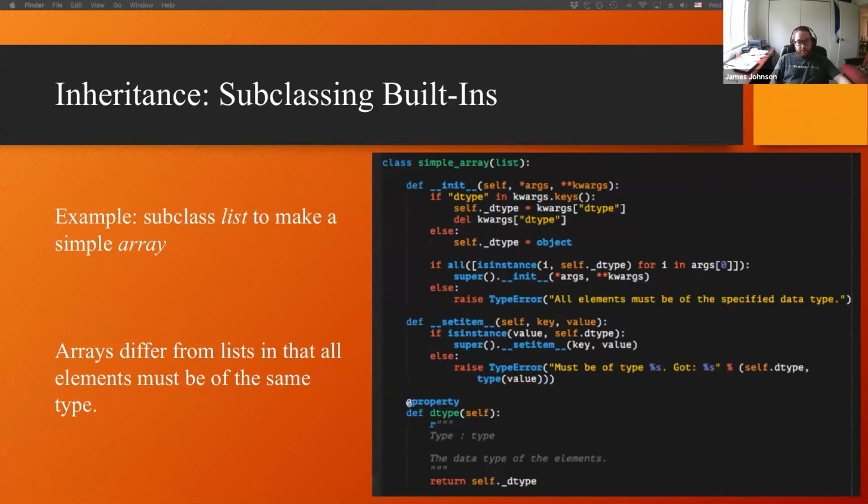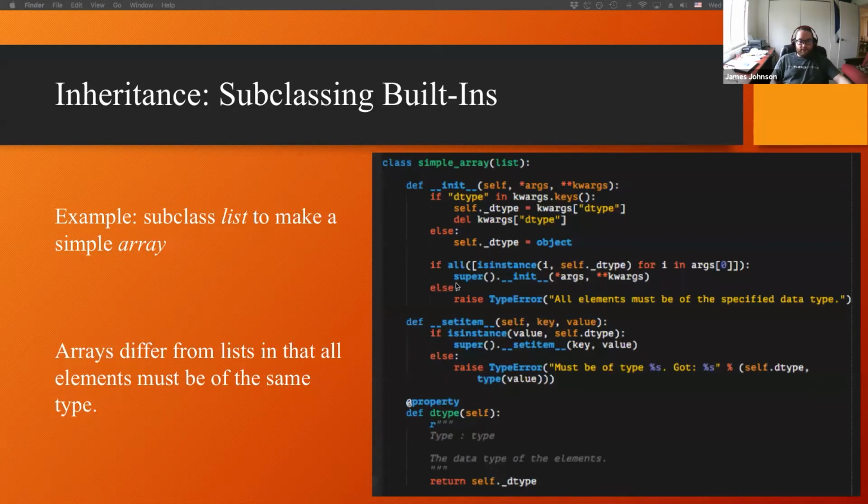The next step, after knowing that you have a data type assigned, is to check to make sure that every element of the list which was passed, which is args[0], the first element of the arguments passed, that is the list that you are constructing into a simple array, is an instance of the data type.